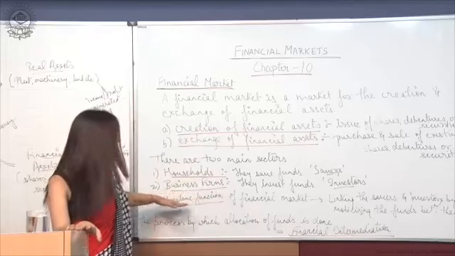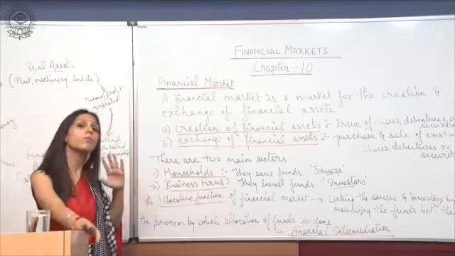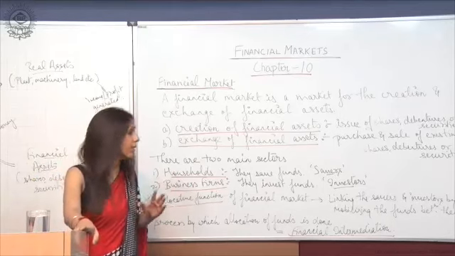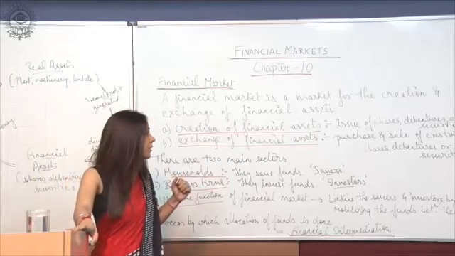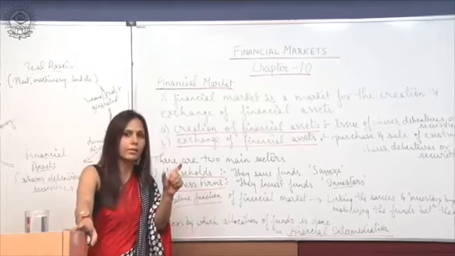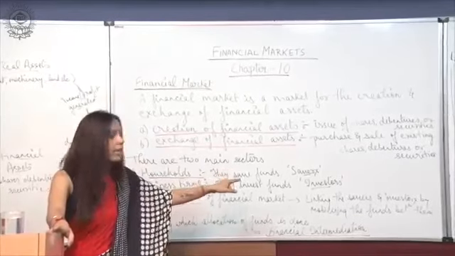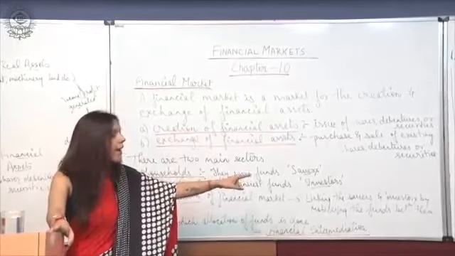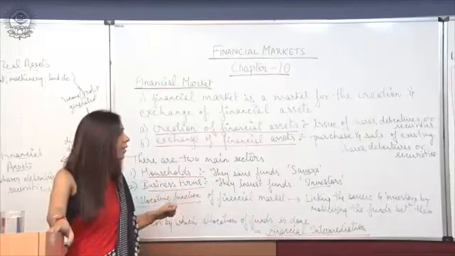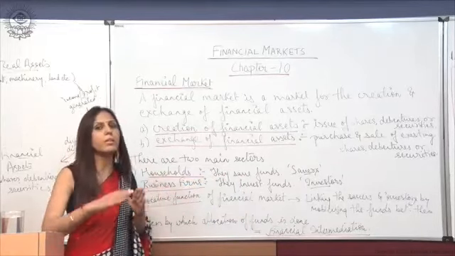Now the financial market has a primary function, that is called the allocative function. What is the allocative function? It means that the financial market links the savers and the investors by mobilizing funds between them.